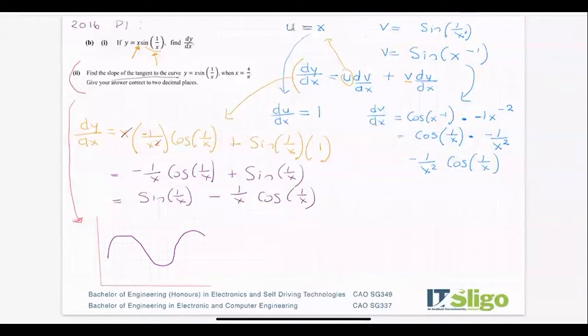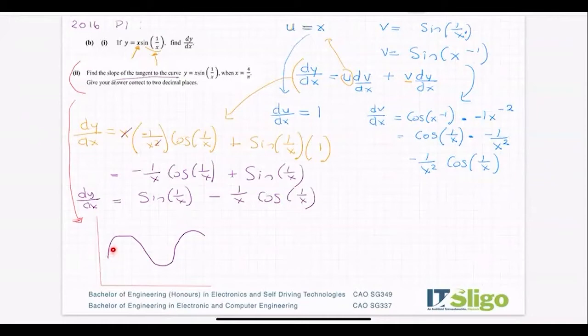Well, if you look at what we found, this big formula, that is dy dx. And dy dx is slope. Why, when it's a curve, do you not get just a single value for slope? Well, the reason for that is slope changes as that curve traverses over.